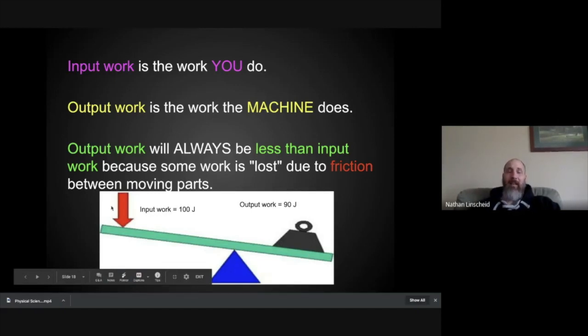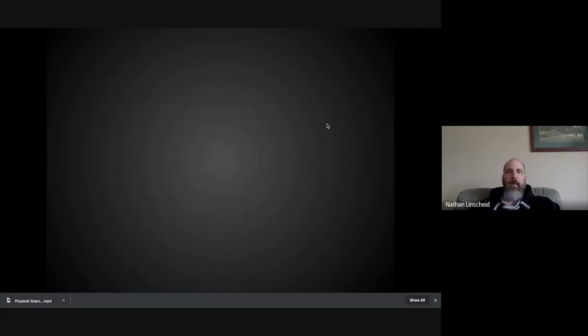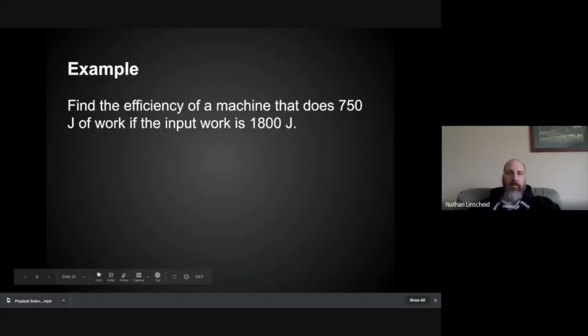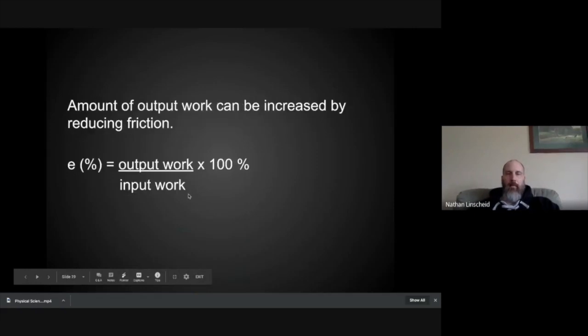I'm going to have to overcome the work it takes to lift this, and also the friction at the fulcrum here. So I have to do more work than it actually requires to lift that object. But that doesn't mean it's not easier. We can reduce the friction within a machine, but we will never get efficiency to be more than 100%.